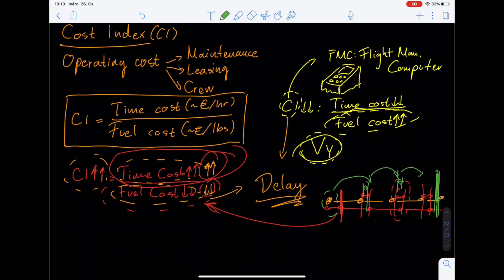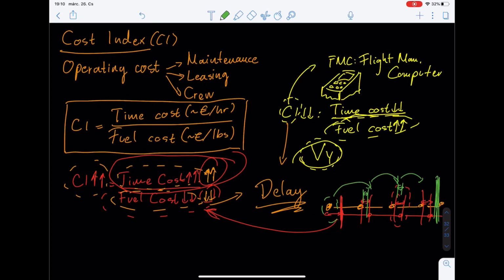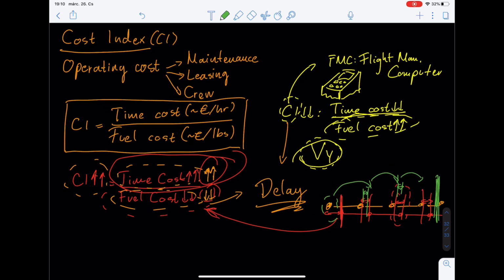To be frank with you, I don't know how accepted this is as a company practice, I'm not saying legal, but there are definitely major benefits to this, and I think it's a very visual example of what the cost index is used for in practical operations for commercial companies.